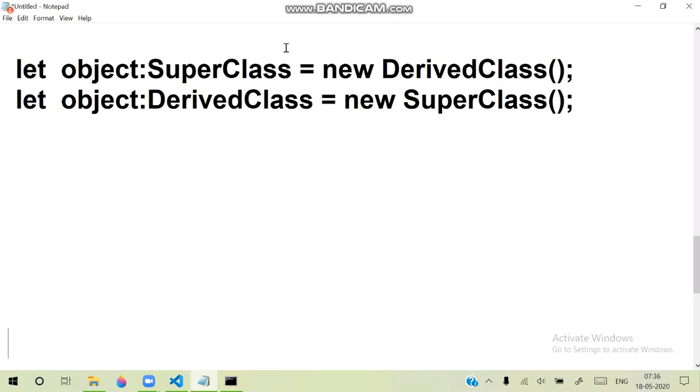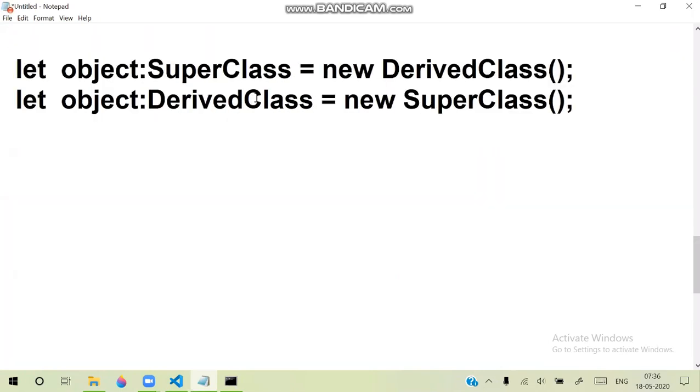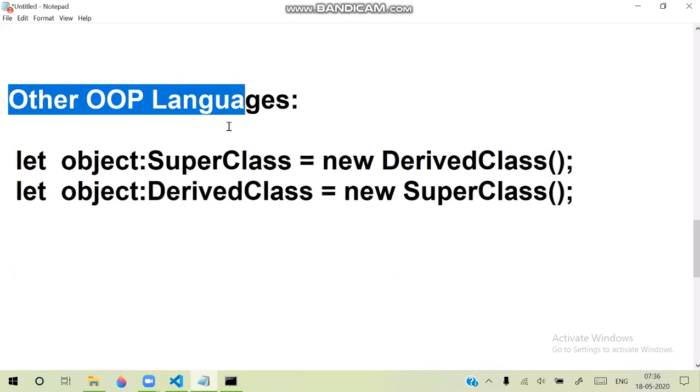It is not valid in other programming languages, but it is valid in TypeScript. Can you tell why? Remember, I am talking about other languages. In other OOP languages, syntax will be different.